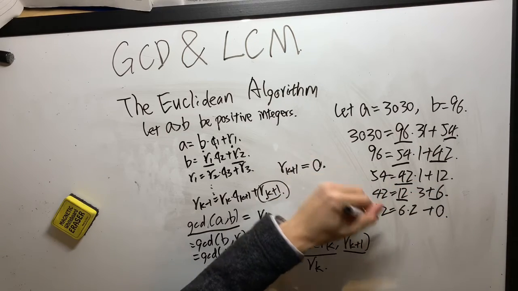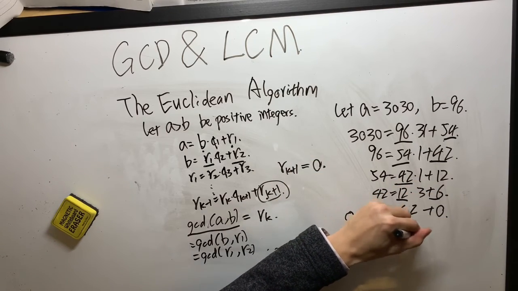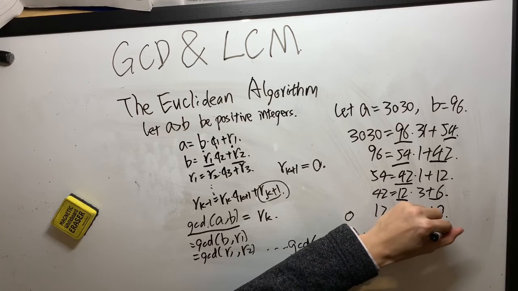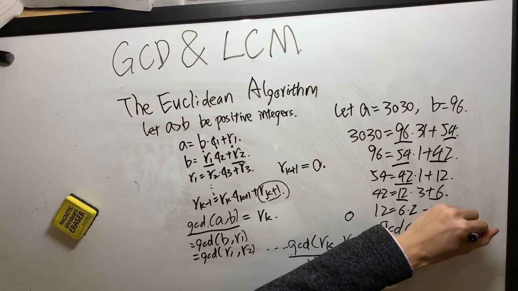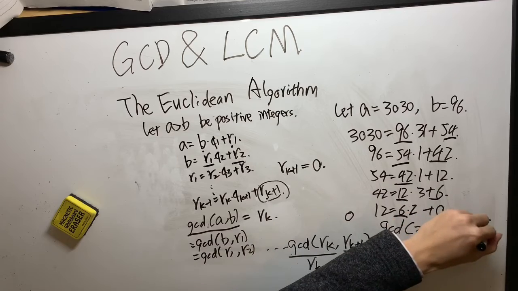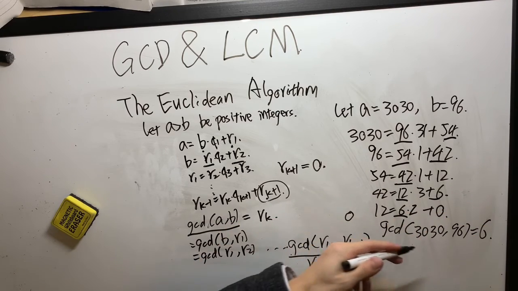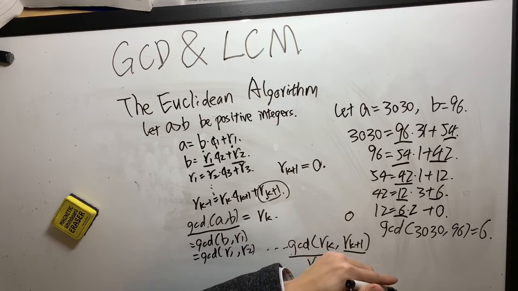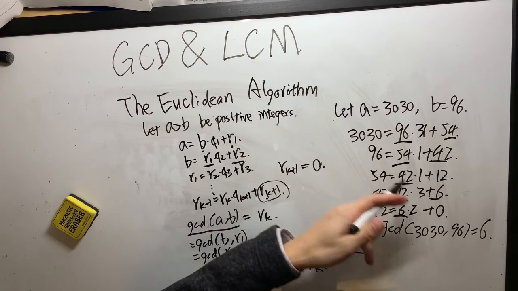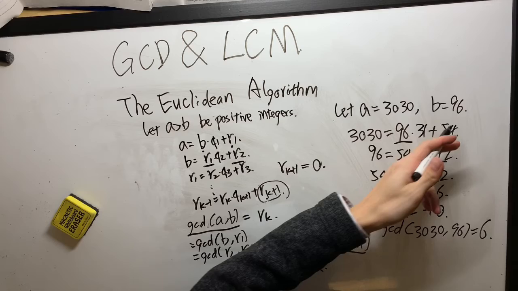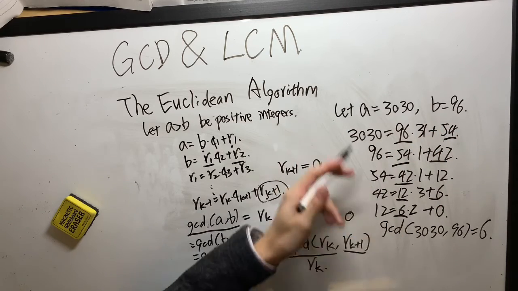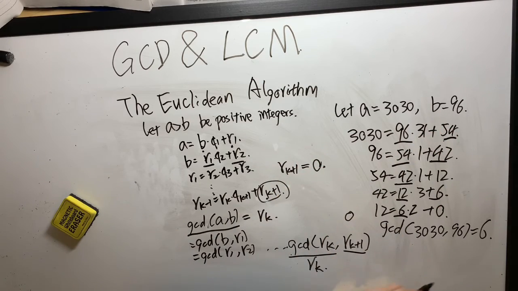Then the GCD of 3030 and 96 equals 6, as the theorem said. As you can see, this is much easier than just thinking about what the greatest common divisor of 3030 and 96 is. We can just do some calculations to find it out.